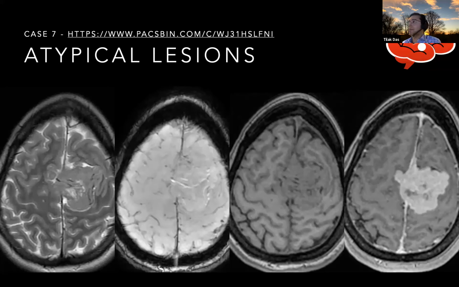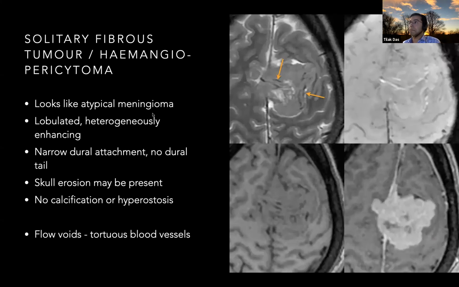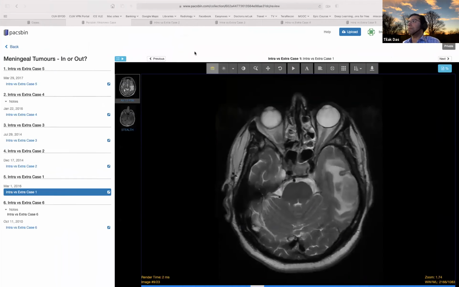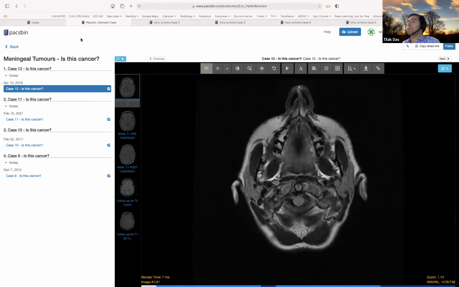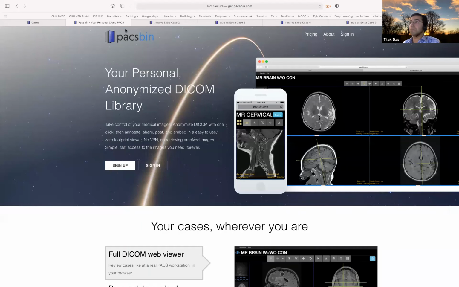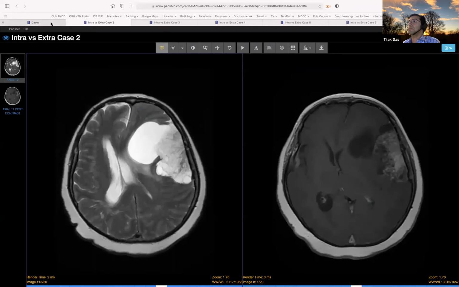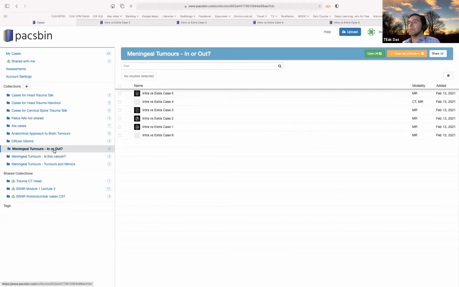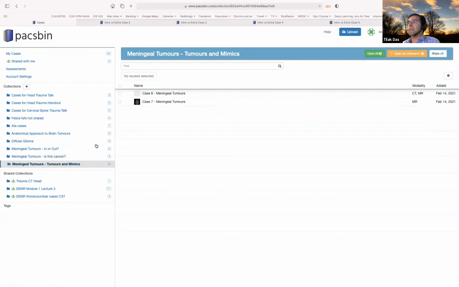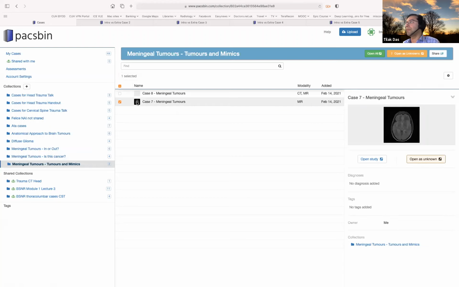When I say a couple of minutes, I probably mean a few seconds, really. So what we should be looking at is case 7, meningeal tumors.